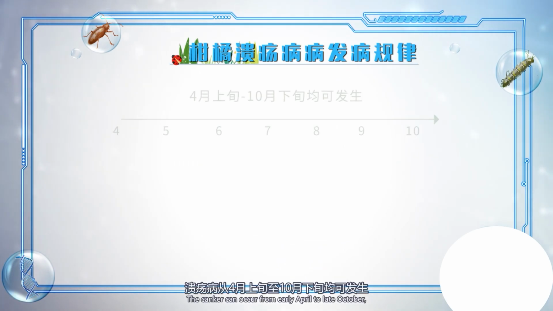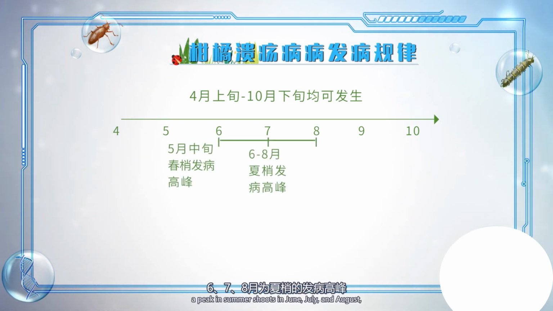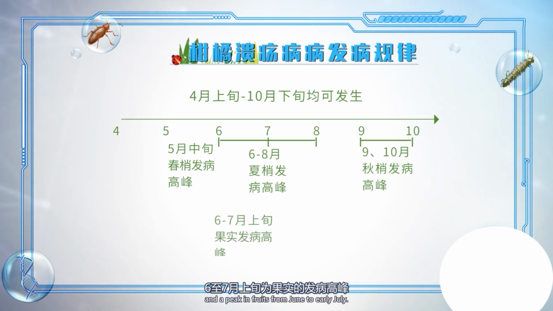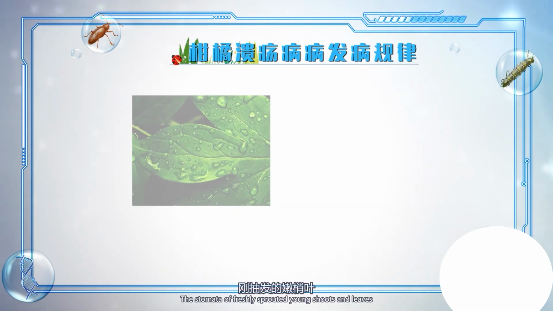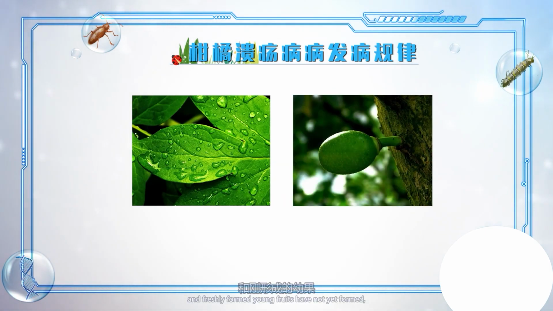The canker can occur from early April to late October, with a peak in spring shoots in mid-May, a peak in summer shoots in June, July, and August, a peak in autumn shoots in September and October, and a peak in fruits from June to early July. The stomata of freshly sprouted young shoots and leaves and freshly formed young fruits have not yet formed, so the bacteria cannot invade them.